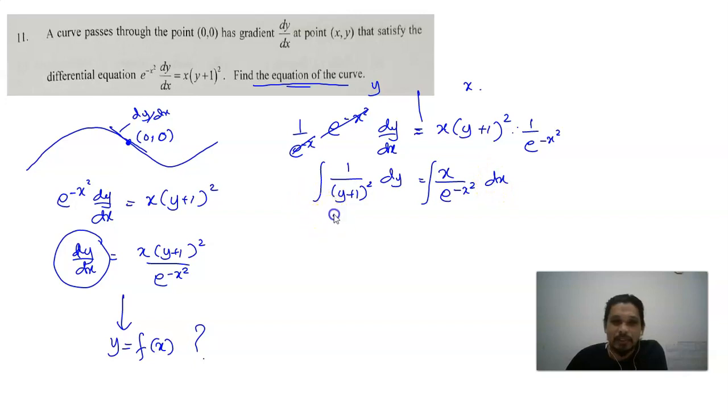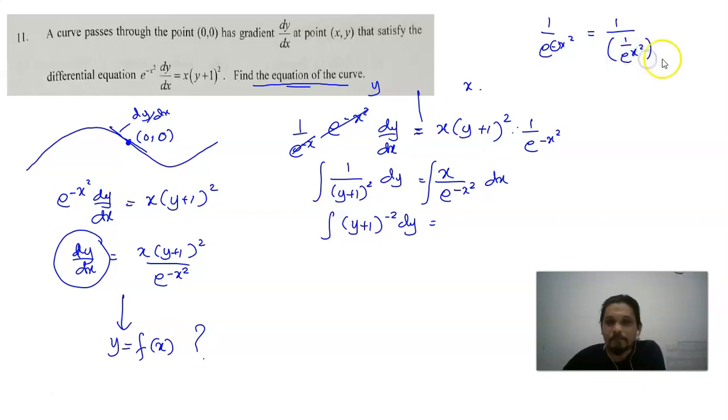So the integral of this, I make this (y plus 1) to the power of negative 2 dy, and what about this one here now? 1 over e to the power of negative x squared. Negative power means 1 divided by 1 over e to the power of x squared.